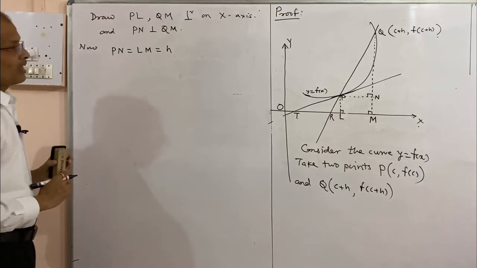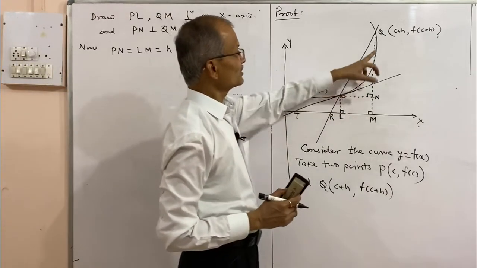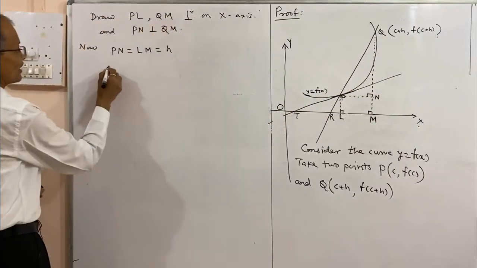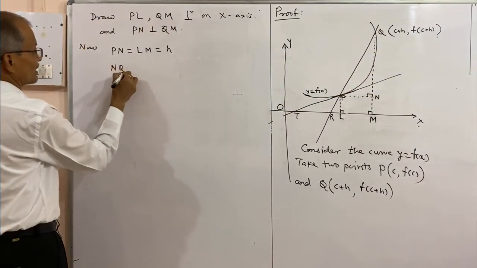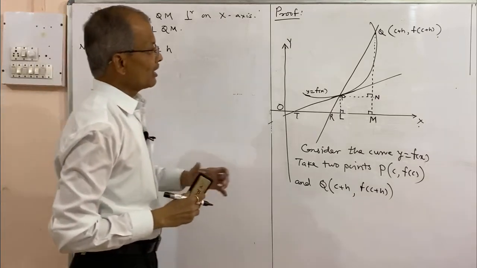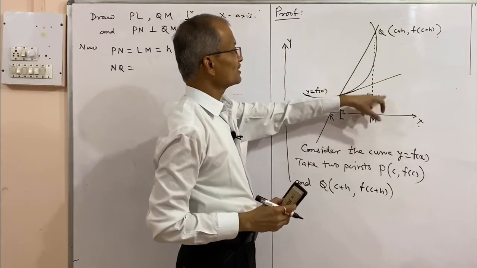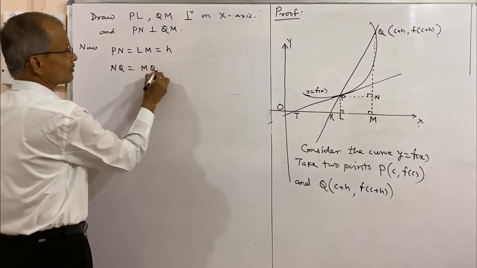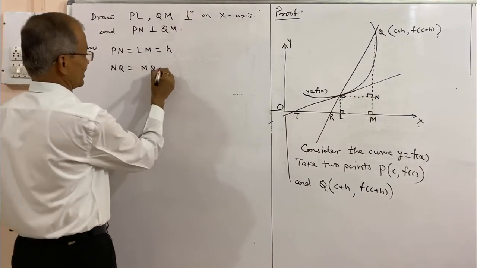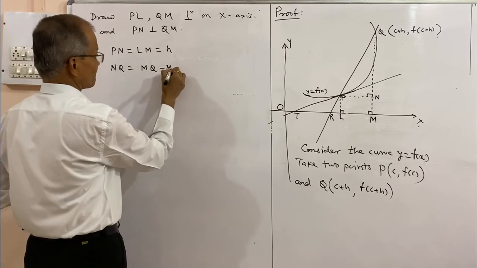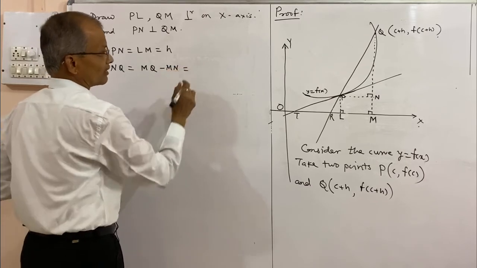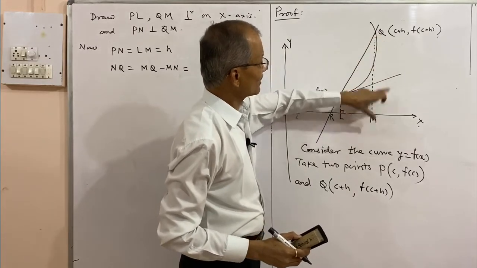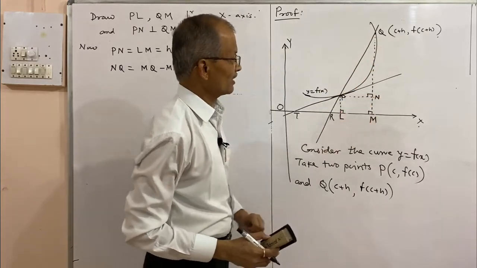That we have written. Further, what is this NQ we want to write? NQ is equal to MQ minus MN. The whole length MQ minus this length MN.